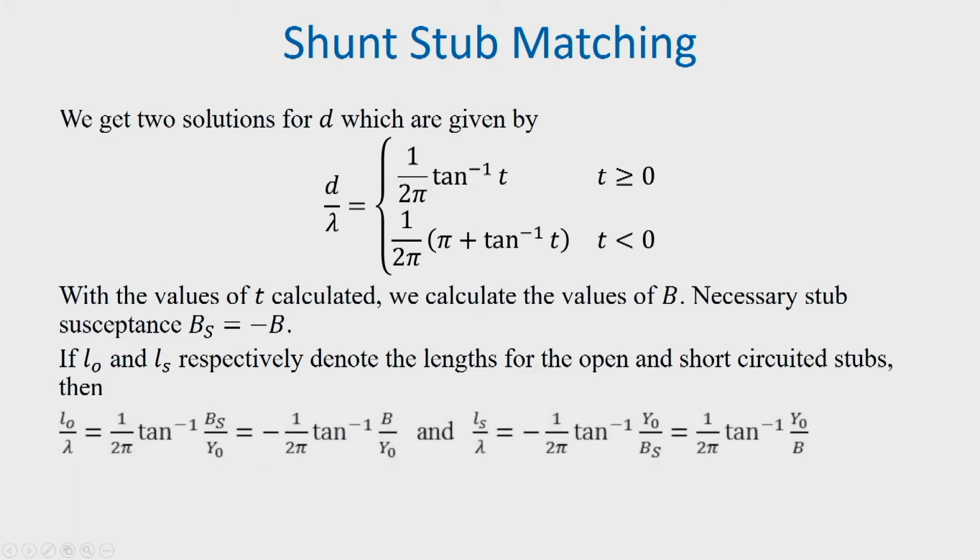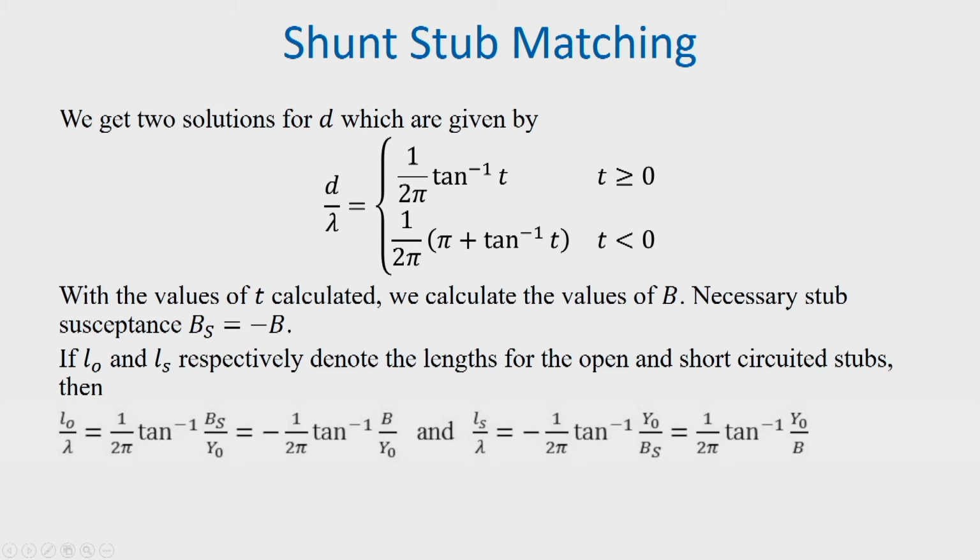Then we can find LO by lambda is equal to 1 by 2 pi tan inverse Bs by Y naught, and this can be written equal to minus 1 by 2 pi tan inverse B by Y naught.